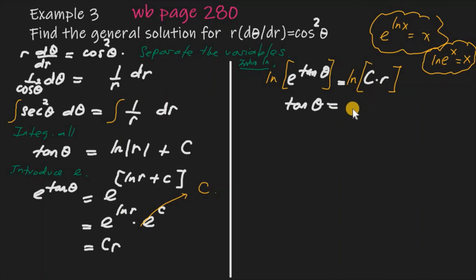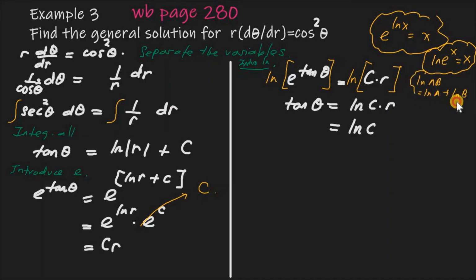On the right side we have ln of c times r. Using a property of the log, ln ab, again the law of our log, if we have ln ab, it is ln a plus ln b.